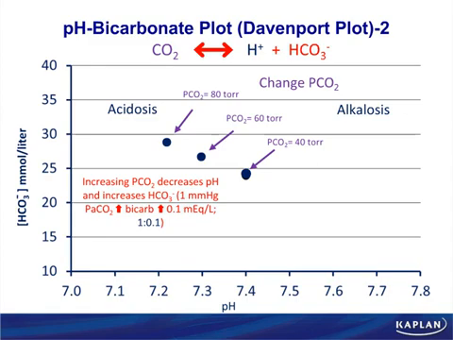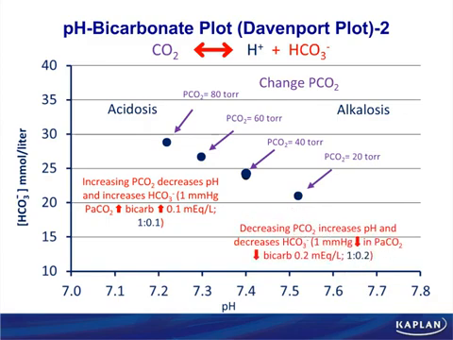Now, in a Davenport, we don't have to be quantitative. But the point is, as CO2 goes up, pH falls, so we move to the left, but bicarb goes up. Notice that the bicarbonate went up. In a respiratory alkalosis, if I drop CO2, then pH goes up and bicarb falls.